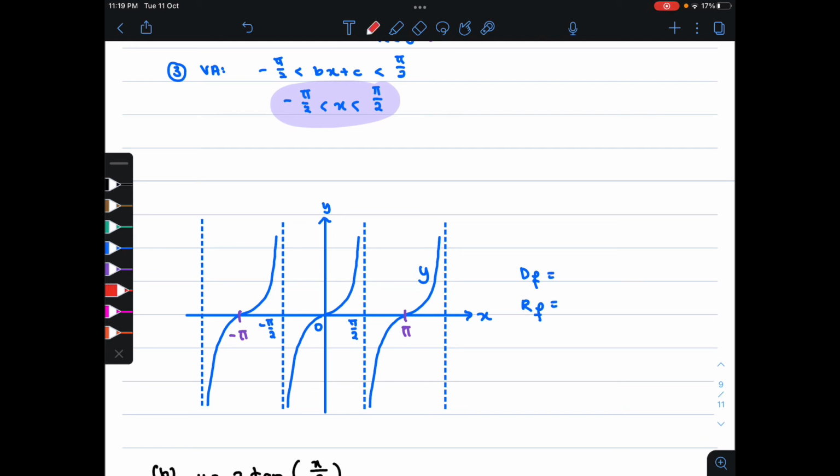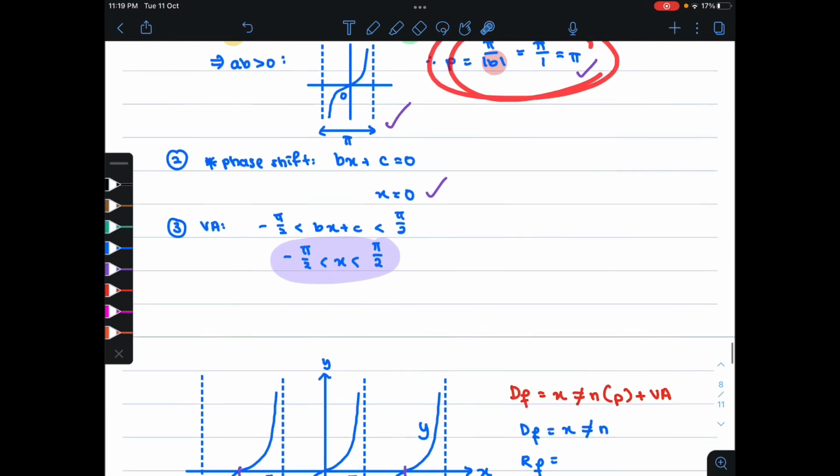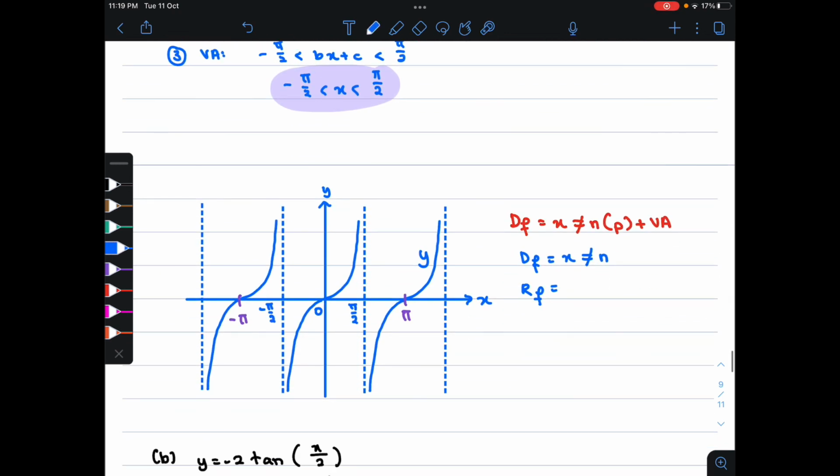Okay, so let's recall. For the domain, x must not equal n times the period p plus the vertical asymptote. The period p is pi in this case. So it's going to be n times pi plus the vertical asymptote.